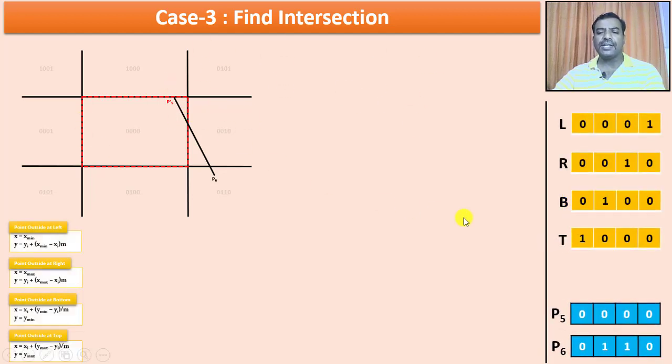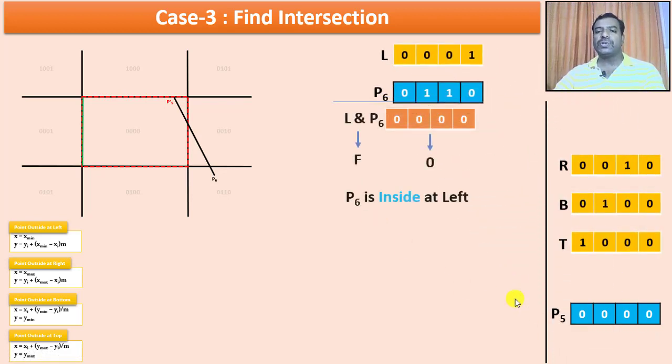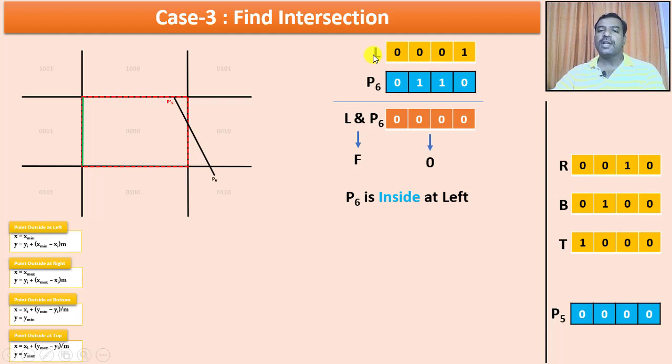Again in case 3, we are going to pick the point which is outside the clipping region. P5 is inside the clipping region, whereas P6 is outside the clipping region. Hence we are going to take the left and P6, again in the same order: left, right, bottom, top.